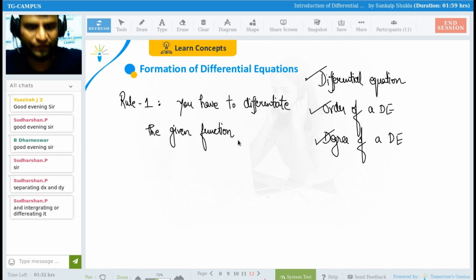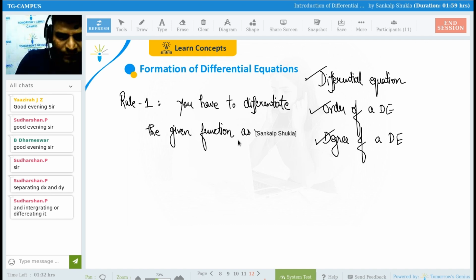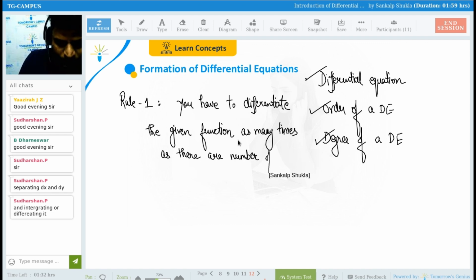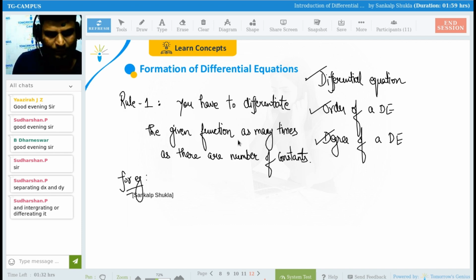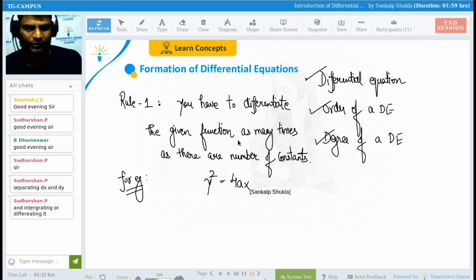Rule 1 is you have to differentiate the given function as many times as there are number of constants. Alright, suppose for example my curve is y² = 4ax. So how many variables are there? How many constants are there?